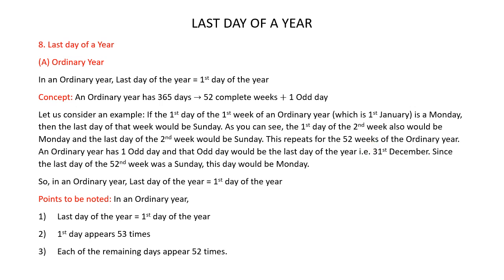Now, an ordinary year has one odd day, and that odd day would be the last day of the year, that is 31st December. Now here we have seen that the last day of the 52nd week was a Sunday. So this odd day would be Monday.